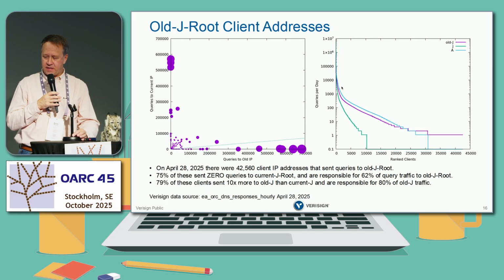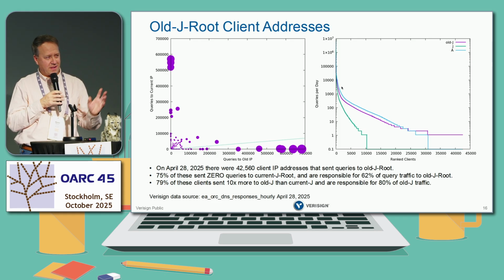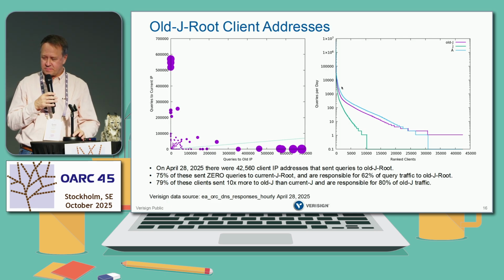So that graph on the left is kind of showing that, but you can tell that it doesn't look like there's 42,000 dots on that picture, but there's a lot that are co-located down in the corner of the axis there.